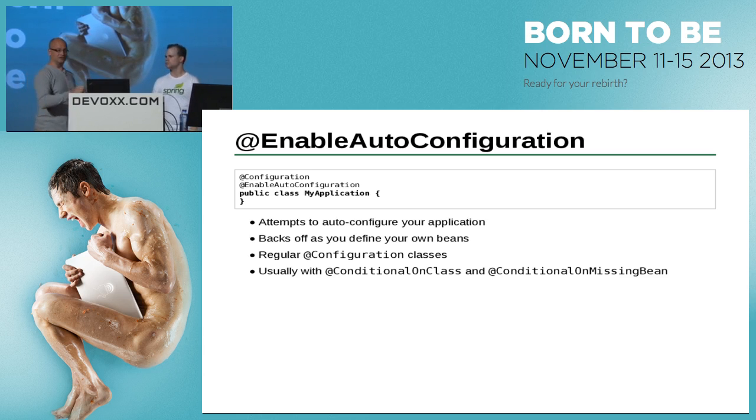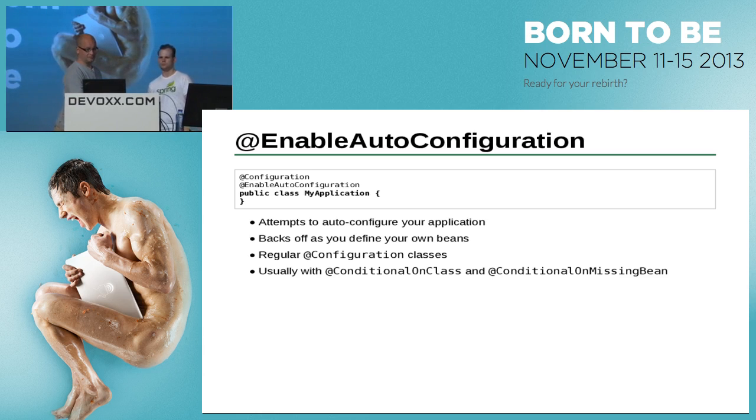So that's relevant to this next bullet point here. If you want to change those opinions, if you want to change the behavior, let's say you didn't want that data source that you saw me injecting in the Groovy demo quickly. Well, you can just create your own @Bean type data source, like in Josh's Java configuration code, and that will get there first. So that will be the data source, and Spring Boot will go, okay, you've already got one. I don't think I need to do that now.